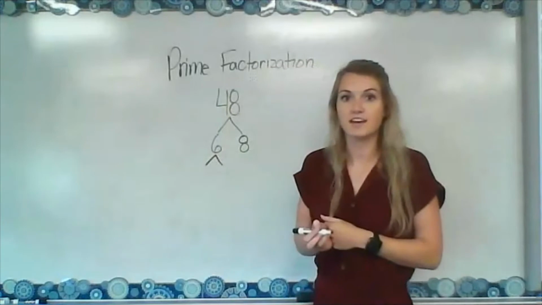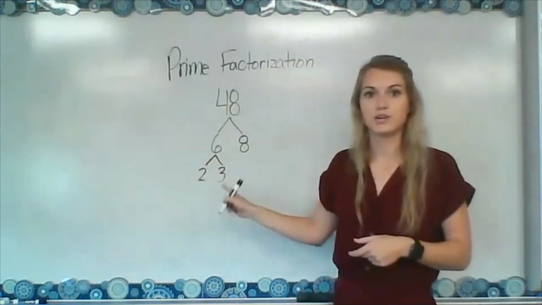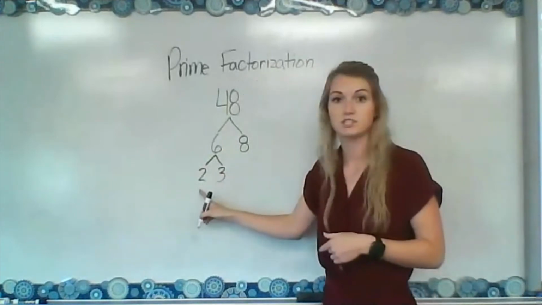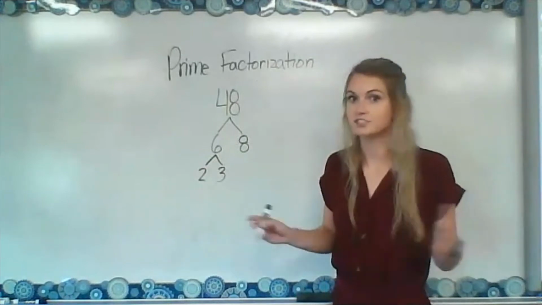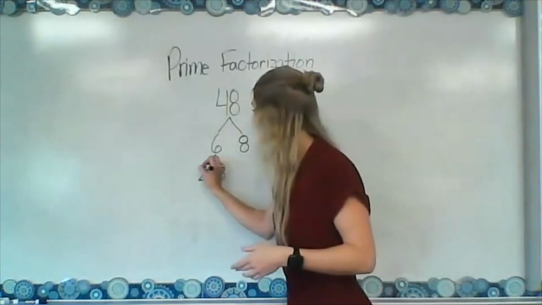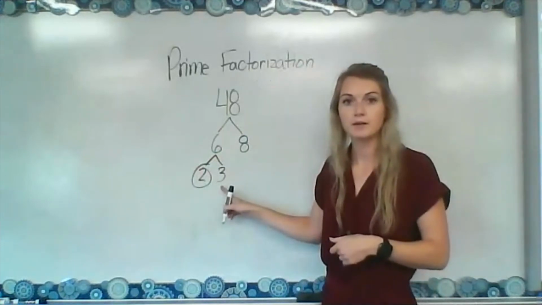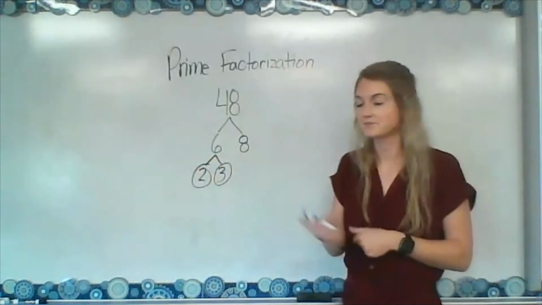So we're going to branch off of that 6, and 2 times 3 is 6. Okay, now we have to ask ourselves, is 2 a prime number? Yes. There's no other number that will go into it. So we circle it. Is 3 a prime number? Yes. We circle it.